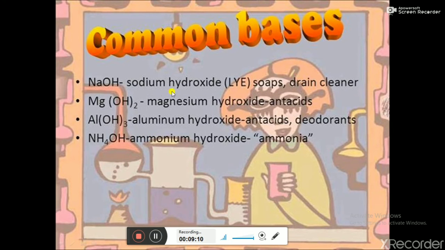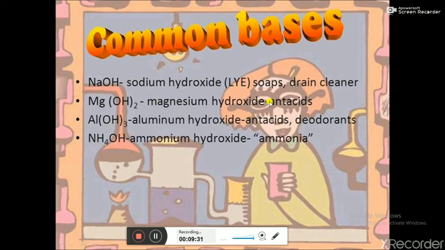Now some of the common bases which we use in our daily life are sodium hydroxide. The formula is NaOH, and this base is usually present in soaps or in drain cleaners. Magnesium hydroxide is also one of the important bases, and this is usually present in antacids.